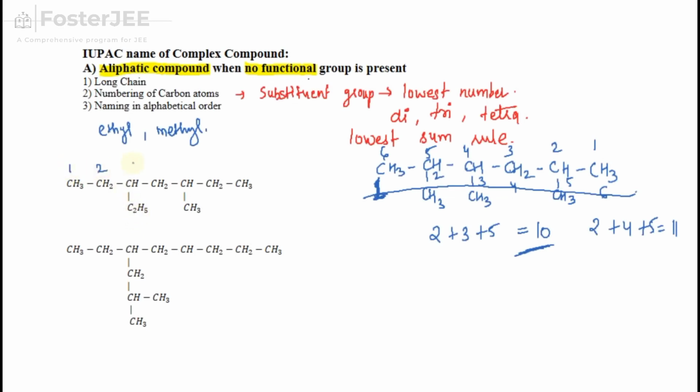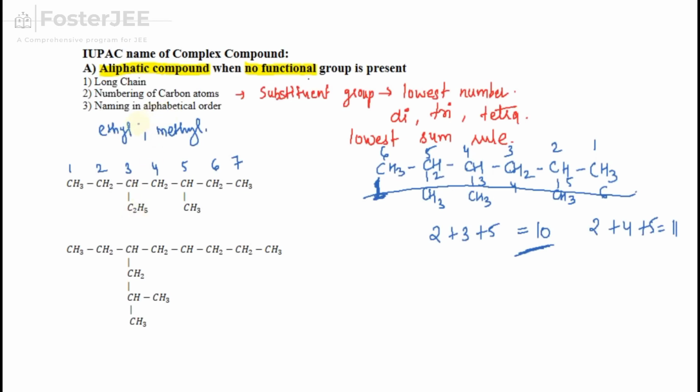So it is 1, 2, 3, 4, 5, 6, 7. So this is the long chain. Now numbering starts from this carbon because the ethyl group should get the lowest number because it is first in alphabetical order.